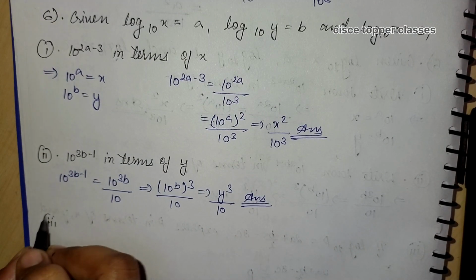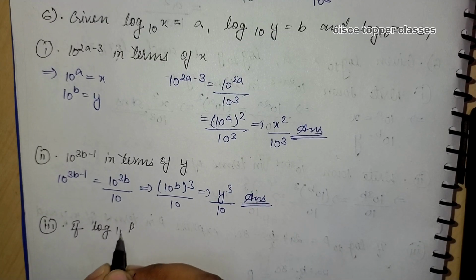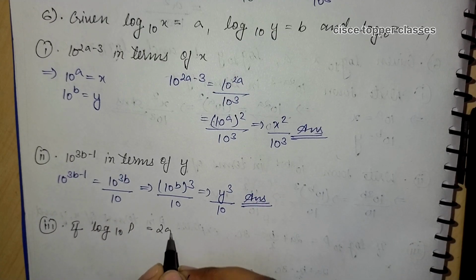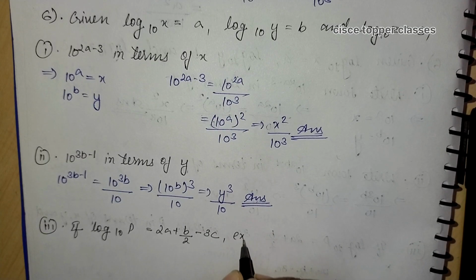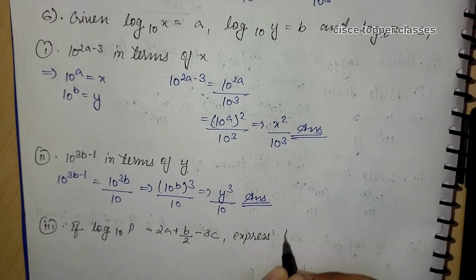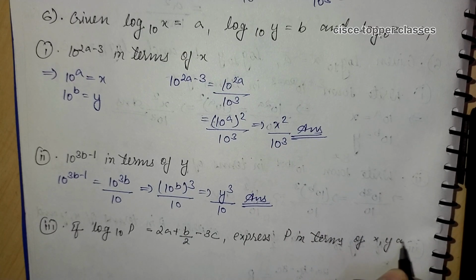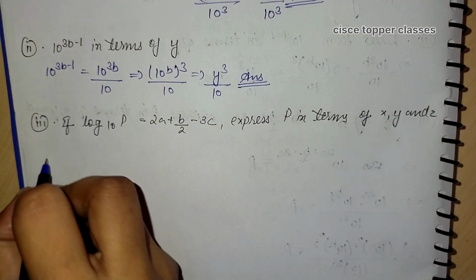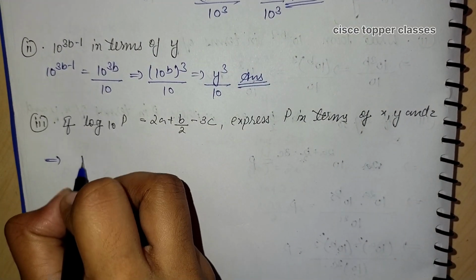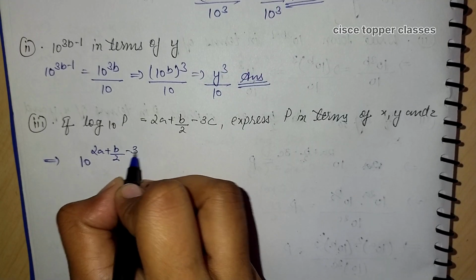Now the third part here is if log of p with base 10 is equal to 2a plus b by 2 minus 3c, express p in terms of x, y and z. So simply we can write p equal to 10 to the power 2a plus b by 2 minus 3c.